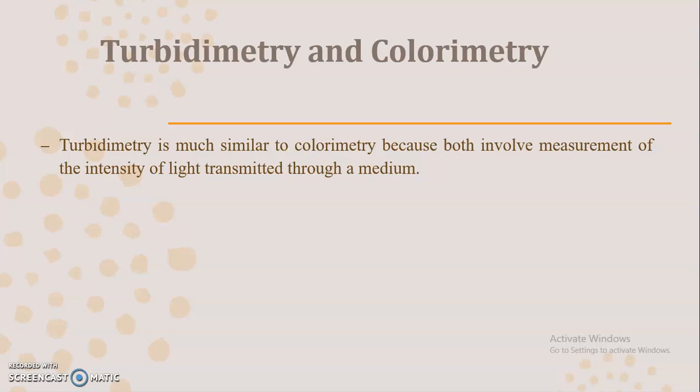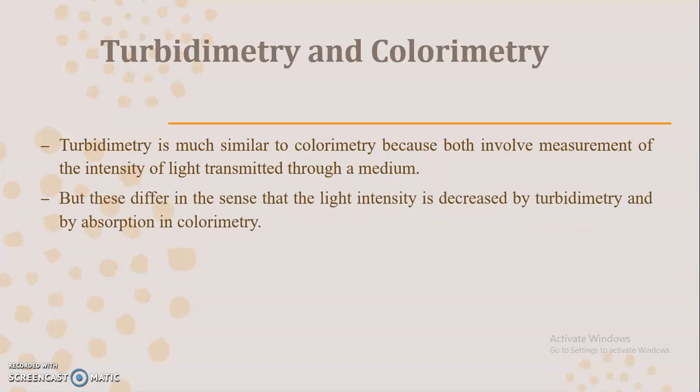Remember, colorimetry is used for homogeneous solutions, meaning solid particles are in dissolved condition, while turbidimetry is used to measure heterogeneous solutions like a suspension. But they differ in the sense that in turbidimetry the light intensity is decreased by scattering, and in colorimetry, light intensity is decreased by absorption. So this is the basic difference between turbidimetry and colorimetry.